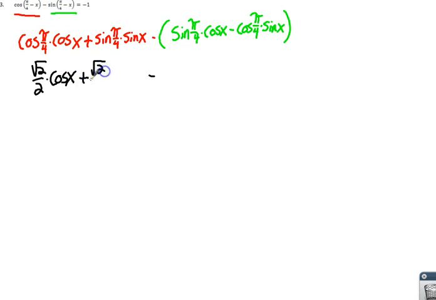Now, how is this helpful to me? Well, looky here. As you can plainly see, things are going to cancel. Oh, happy days are here again. So when I look at this, this becomes root 2 over 2 sine of x.